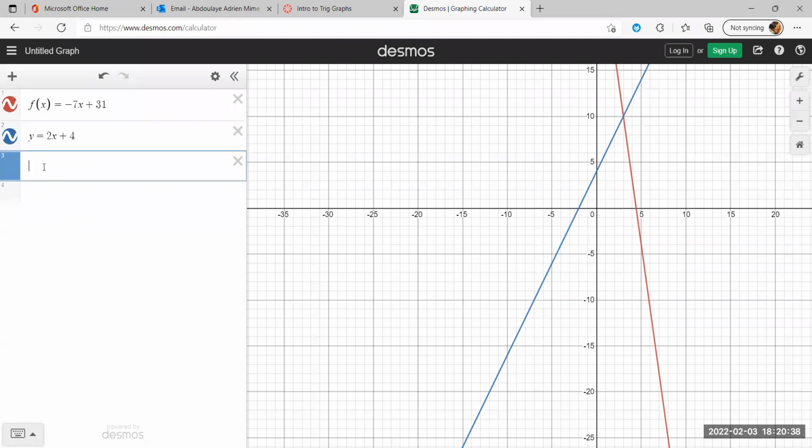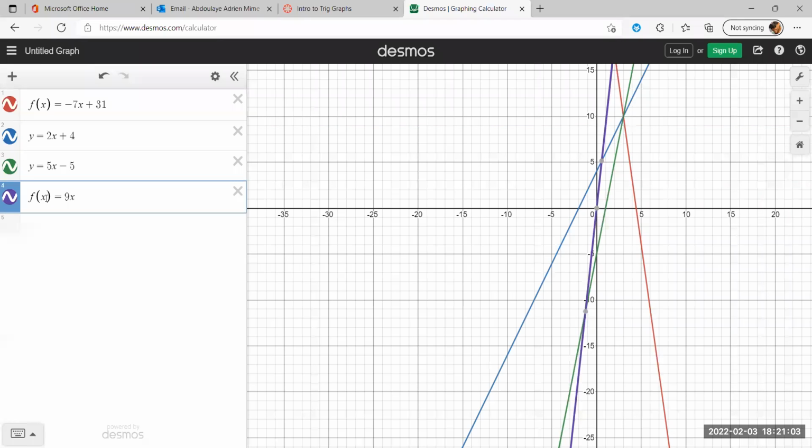Can you notice that the two straight lines intersect at one point? I'm going to try another one, 5x minus 5. So y equals 5x minus 5. If we do this properly, they should all intersect at the same point.